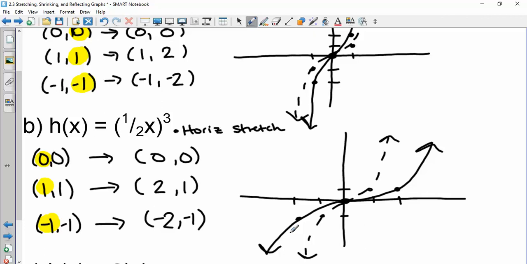How are we doing so far? Do you guys see where I'm getting my new points? Let's try some more.